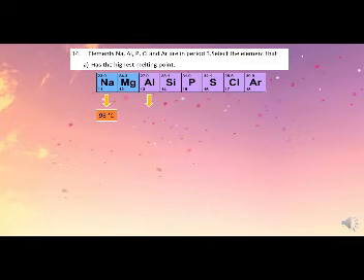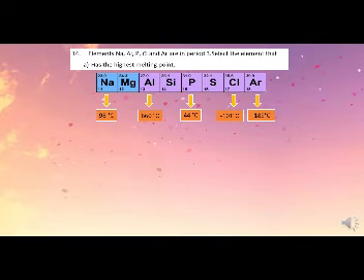For aluminium, 660 degrees Celsius, phosphorus 44 degrees Celsius, chlorine negative 101 degrees Celsius, and last argon negative 189 degrees Celsius.